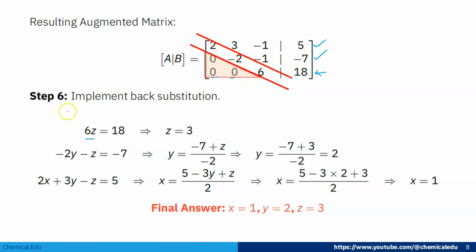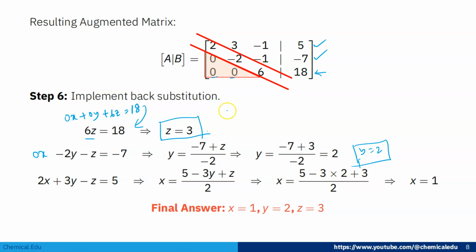So 0x plus 0y plus 6z is equal to 18, so z is equal to 3. Now from the second row we have 0x minus 2y minus z equal to minus 7. So y is equal to minus 7 plus z over minus 2. Now y is 2.